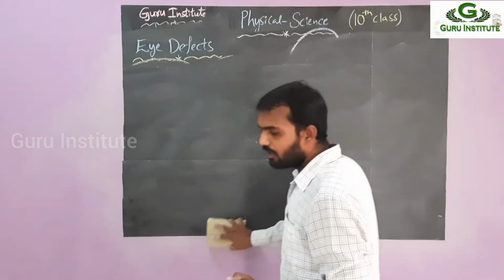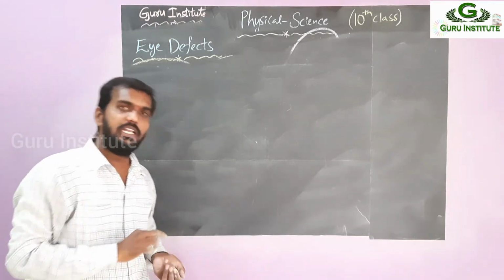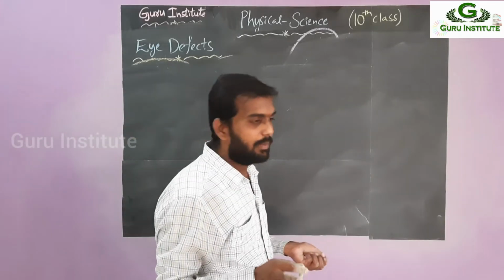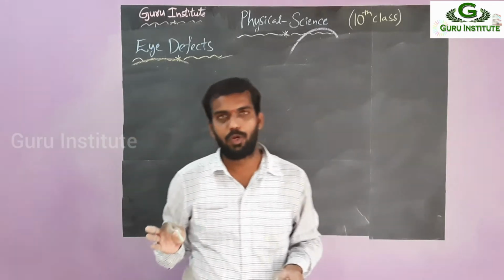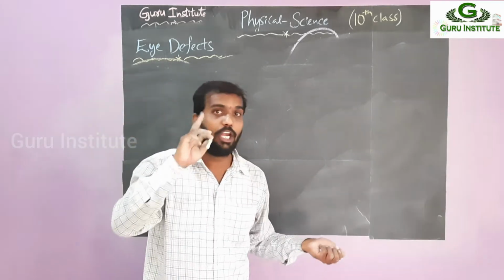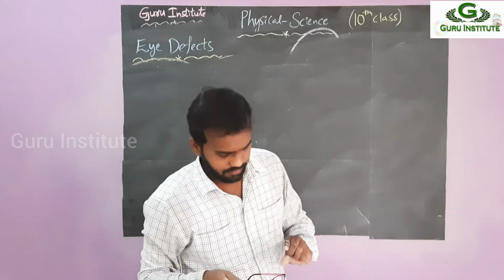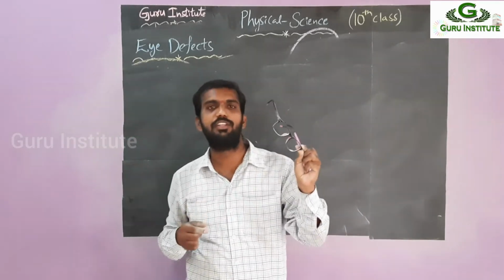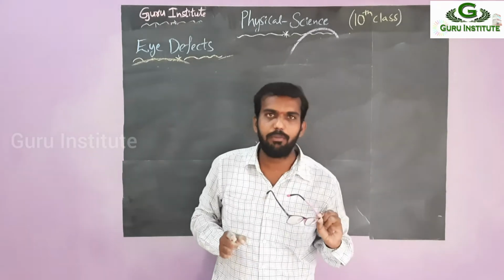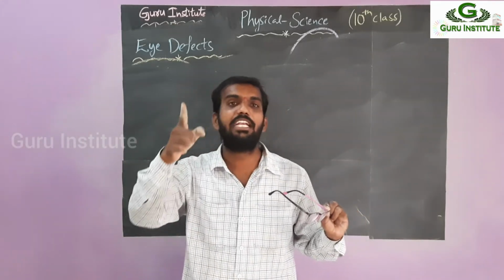These two can happen at any age, as a child or in middle age. Mostly children or students are suffering with myopia, and middle aged persons are suffering from hypermetropia. So for that one only, children have the negative point. Who are using glasses, if anybody has glasses, they can understand this one easily. If their power is minus 0.5, minus 1.5, minus 2.5, like that, it means they are suffering with myopia.